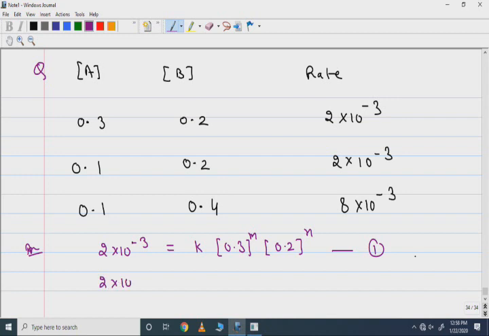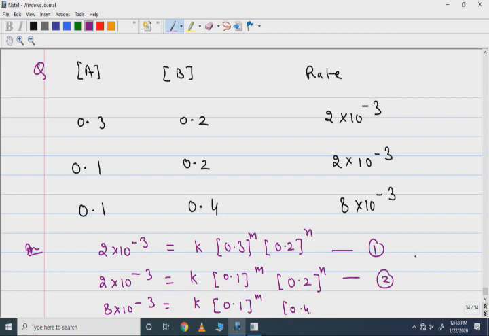Then 2 into 10 to the power minus 3, k, 0.1 power m, 0.2 power n, equation number 2. 8 into 10 to the power minus 3, k, 0.1 power m, 0.4 power n, equation number 3.